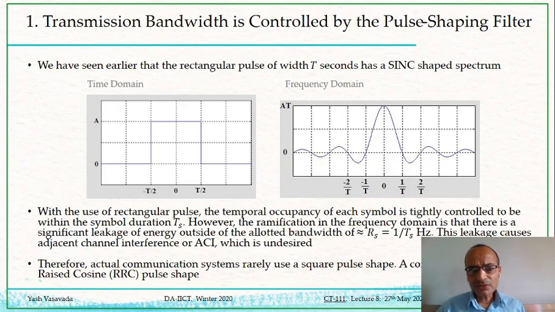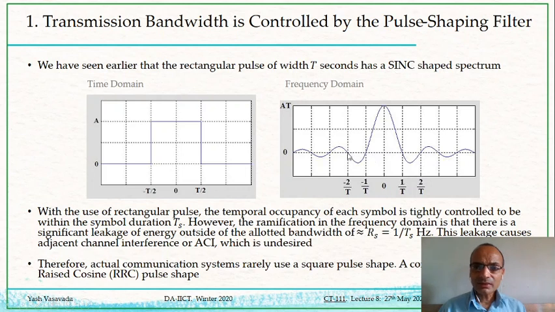But that time we saw that this rectangular pulse, because its frequency response is sinc shaped, the bandwidth occupied in the frequency domain is the main lobe, which is roughly 2 times the symbol rate, 1 over Ts.